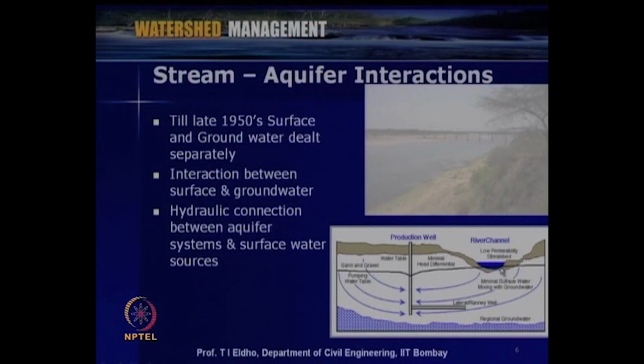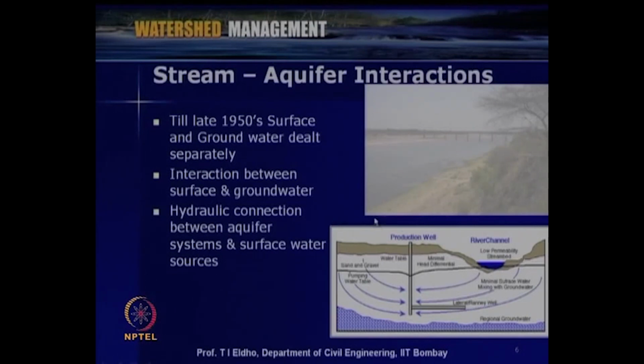In this figure you can see a river channel, and here there is an aquifer system, and there is a well here. If we keep on pumping in this well, then the water available is not only from this aquifer, but the water will also be recharging through this river channel and coming to the production well.